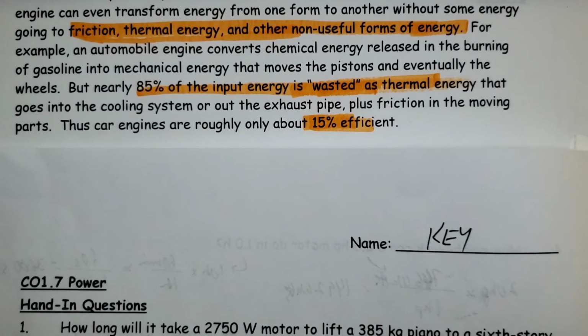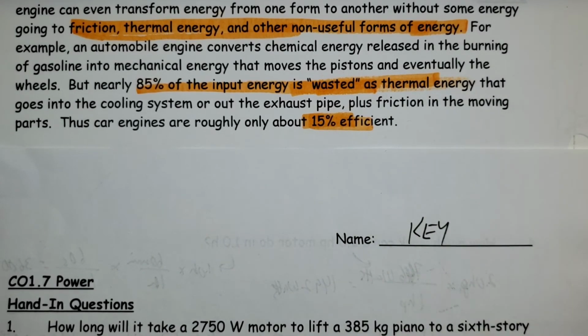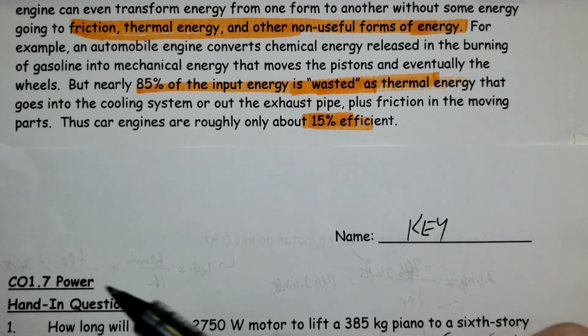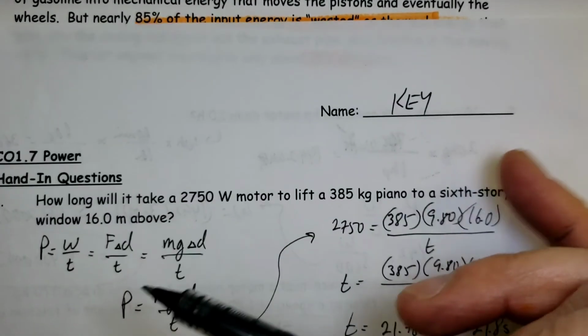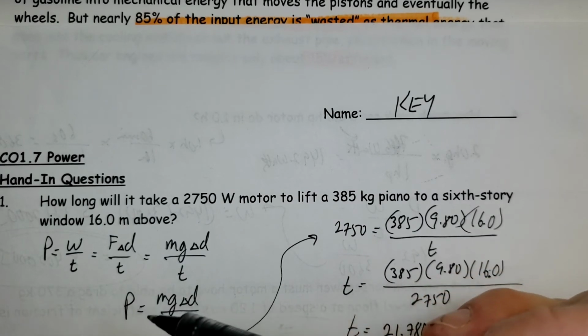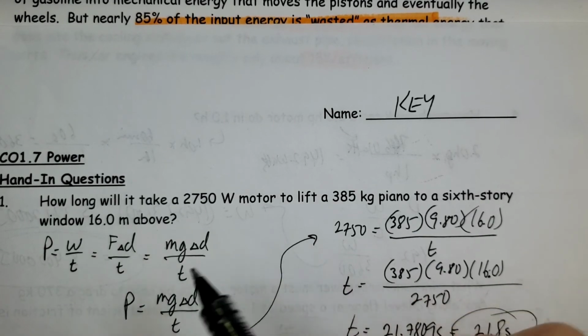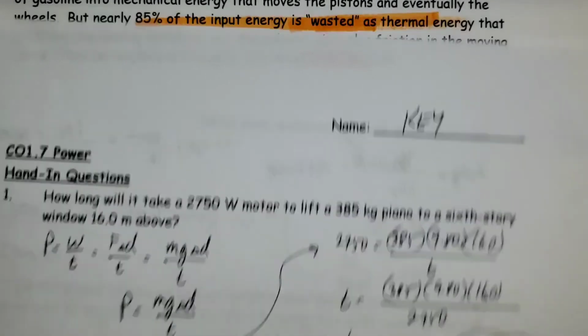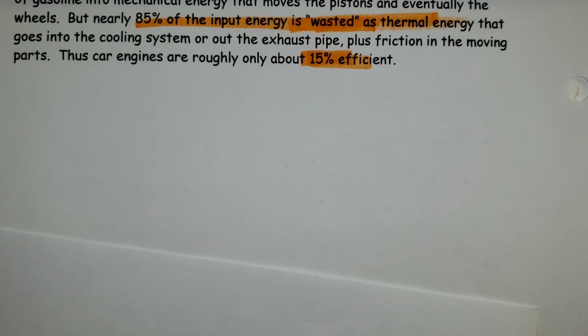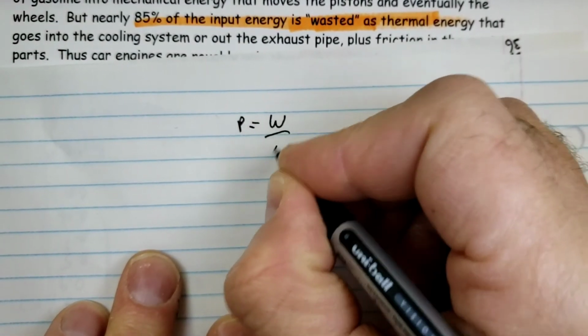Now when you're doing the assignment here, ladies and gentlemen, CO1.7, you'll be able to see on the answer key how to do a lot of the things. Of course, we use the power formula here. Some of the questions are similar. I think I have one that's similar to that, in which there's a couple of things you're going to have to figure out. But realize that power equals work over time.